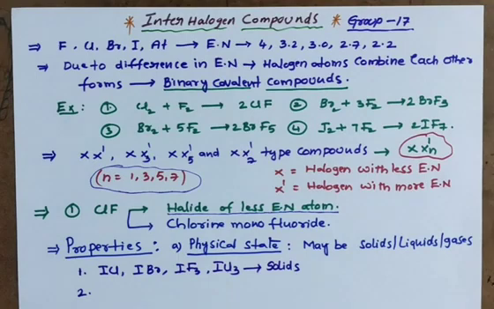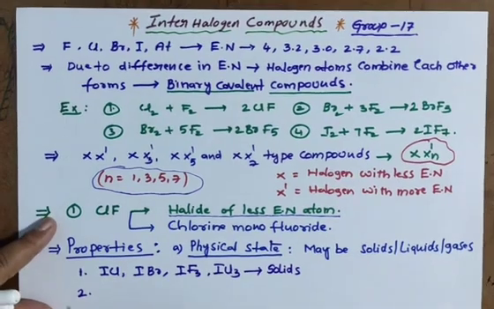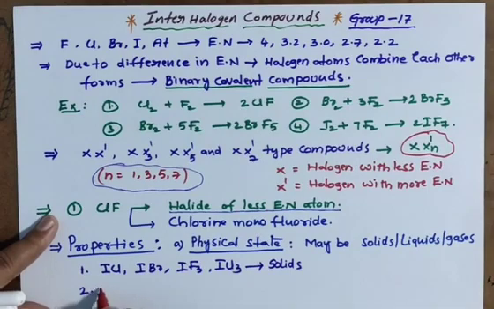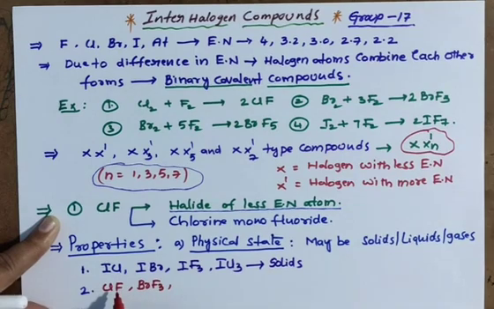A few you have to remember, it is not possible to say all. Liquids are chlorine monofluoride, bromine trifluoride. Sorry, this is not right. These we have in gas form.